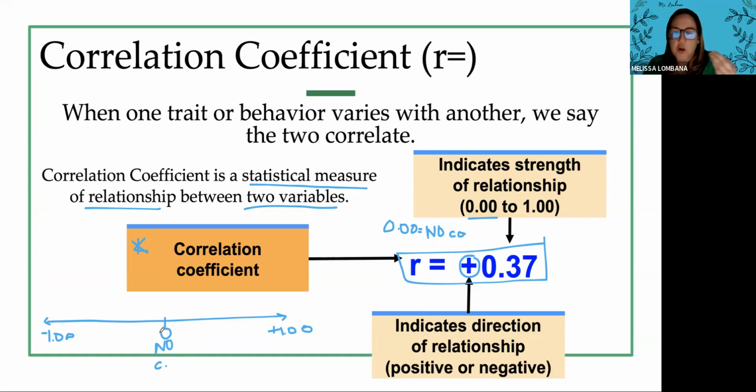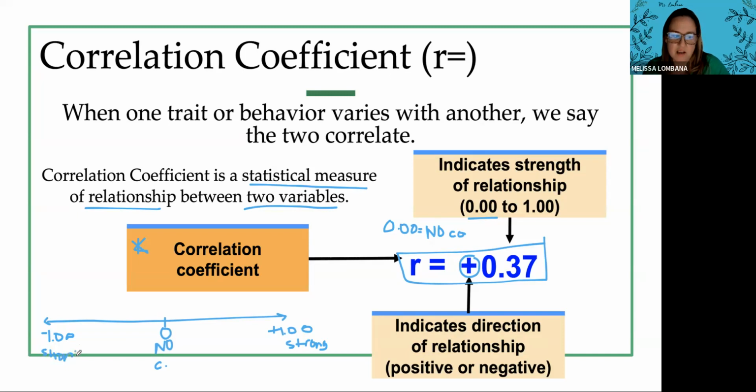Now, the closer the number is to anything from -1 to +1 means it is a strong relationship, okay? So it's like perfect. Over here, same thing. It doesn't matter that it's a negative.